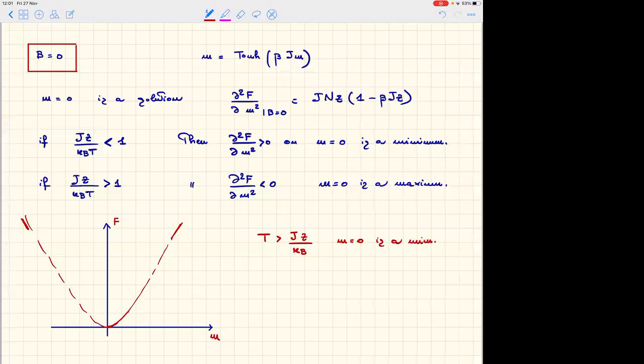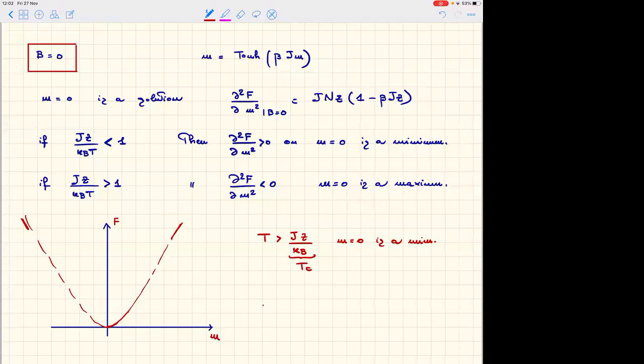So this is what is known as the paramagnetic phase, because the magnetization overall is equal to 0. So the system is a paramagnet, and this is going to be a critical temperature, Tc.